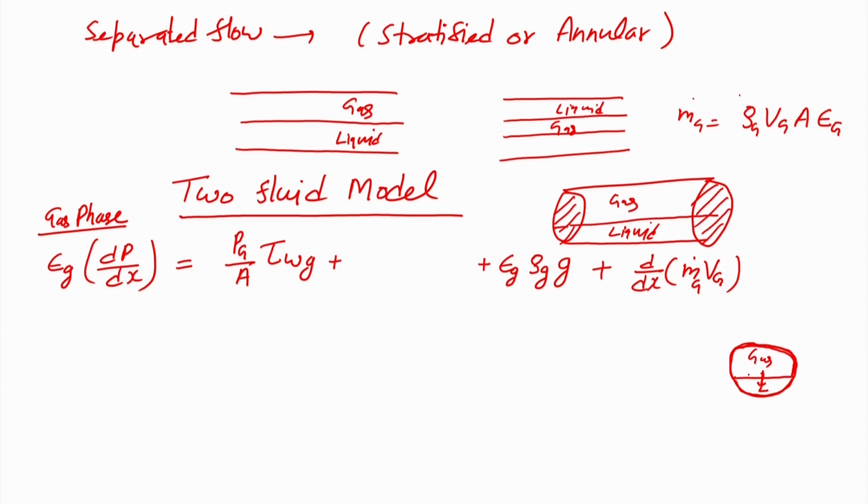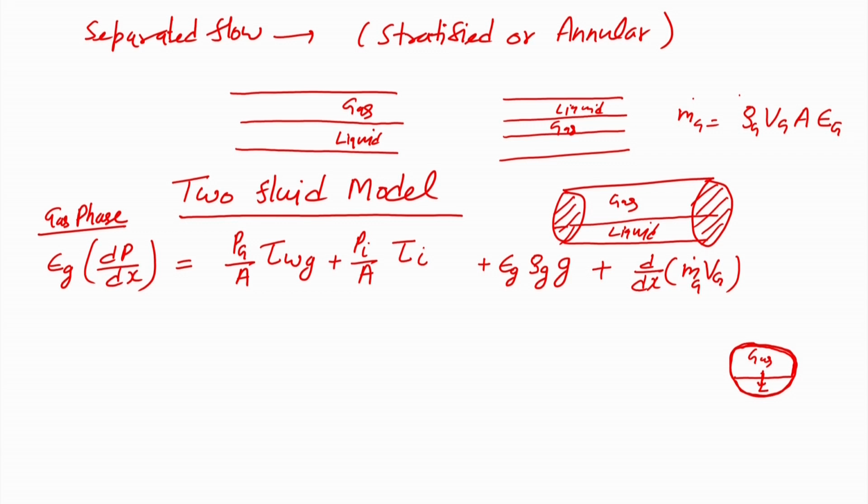So, what you need to do? You have to define the interfacial or interface stress component. Now, the interface stress component will be what? It will be written as Pi, the perimeter of the interface, divided by area, multiplied by tau I. I will write it as tau I, not tau wi, because there may or may not be a wall at the interface.